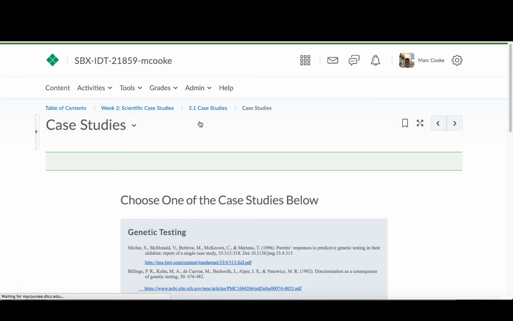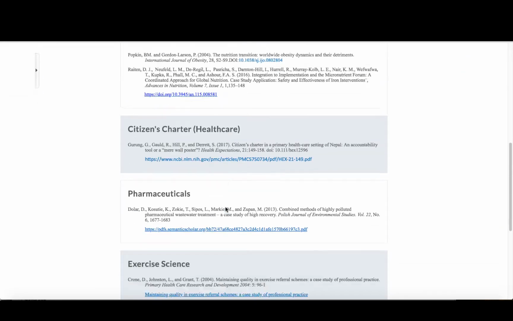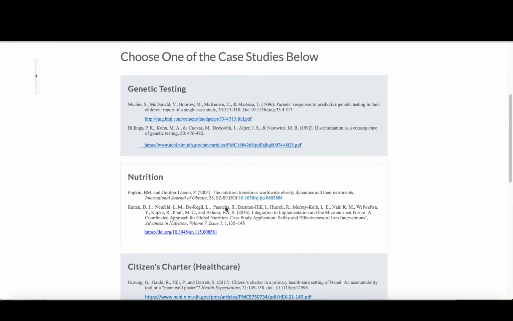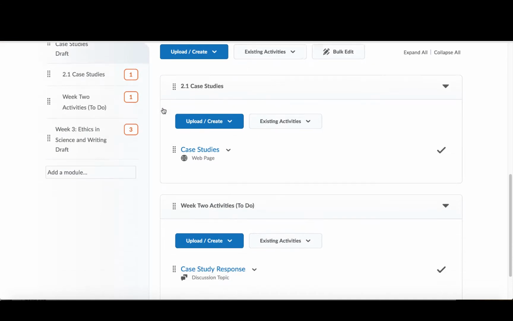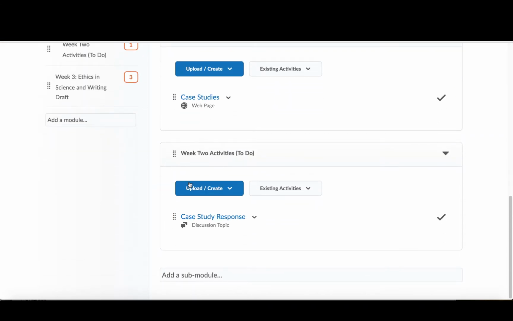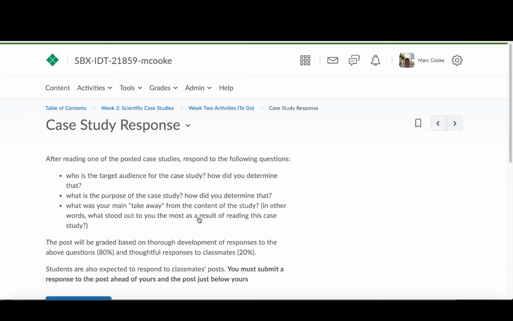So students will then pick a particular case study that they're interested in. There are generally 2 for each category. They just pick one, and they'll be using these case studies to build some vocabulary, talk about audience and purpose. And the to-do activity is, again, just formative; it is a discussion board topic.